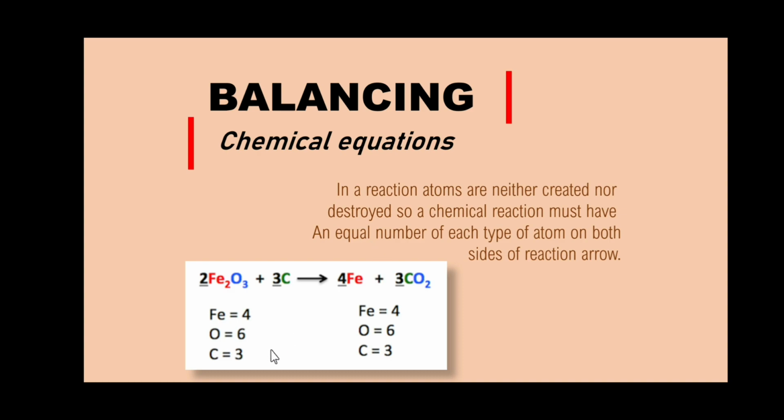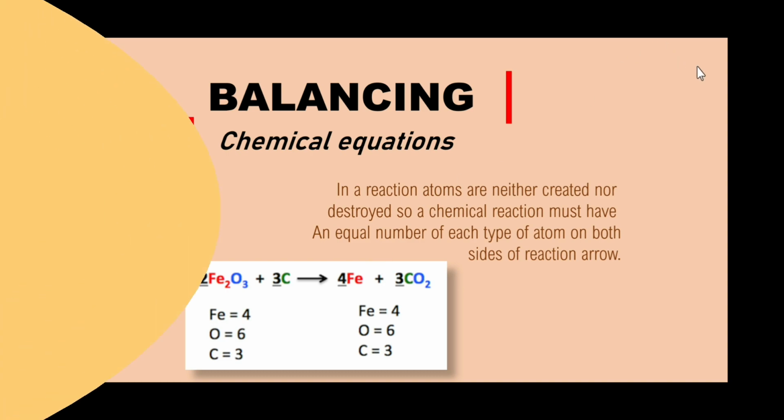In the same way, carbon also has 3 atoms on the reactant side and product side. So this is the principle we have to follow while balancing the chemical equation.